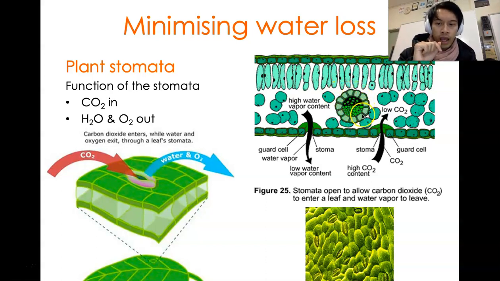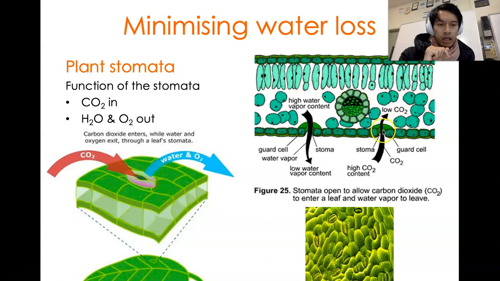And from there, the leaf needs to release water from the transport vessel into the surrounding cells, and then that water gets used up for photosynthesis along these cells here.